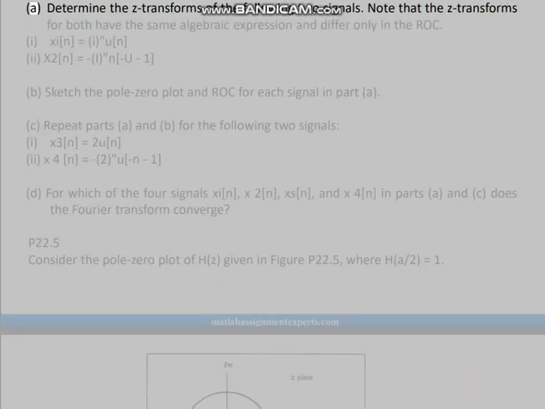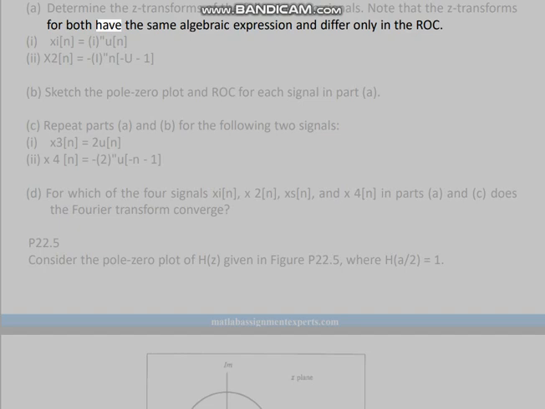P22.4 A. Determine the Z-transforms of the following two signals. Note that the Z-transforms for both have the same algebraic expression and differ only in the ROC. x1[n] equals a^n u[n], x2[n] equals minus a^n u[-n-1].